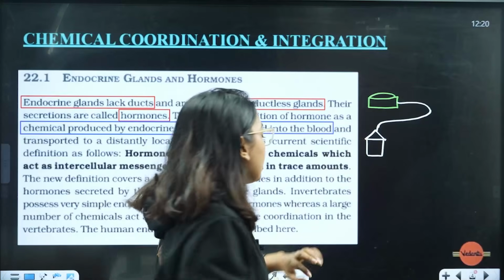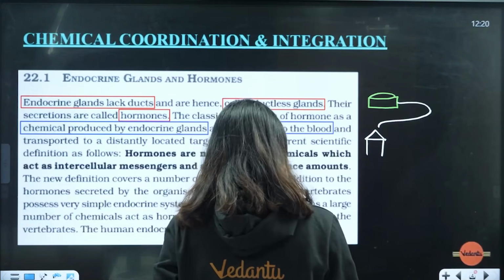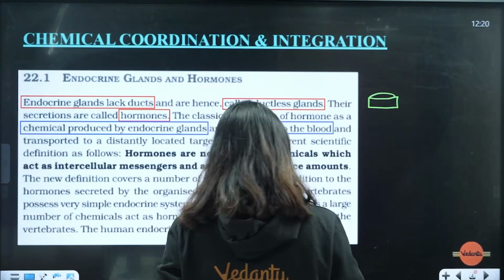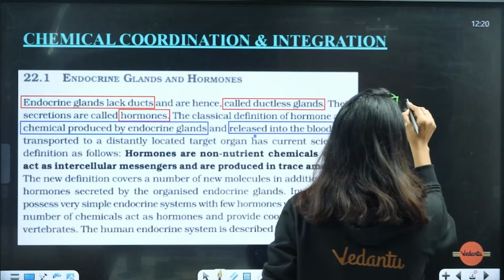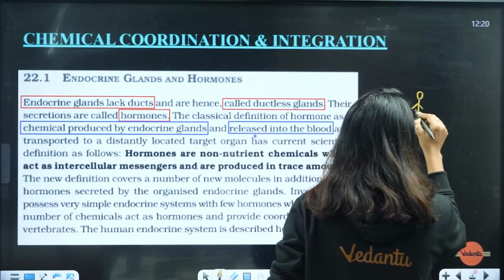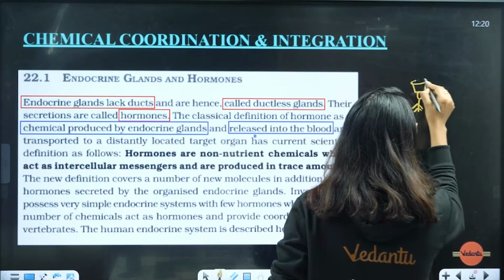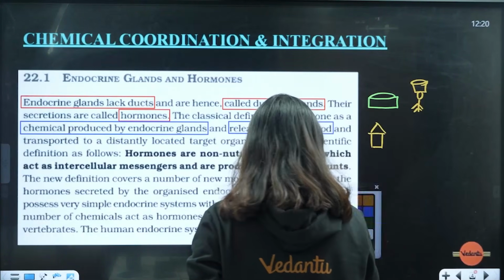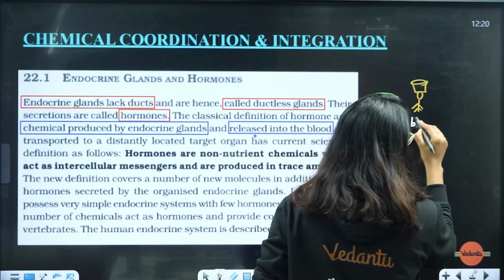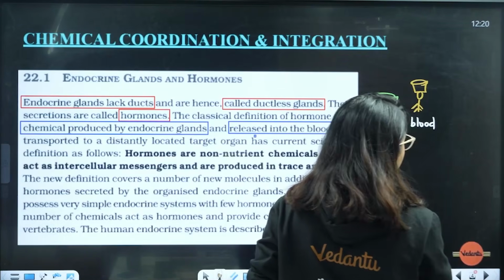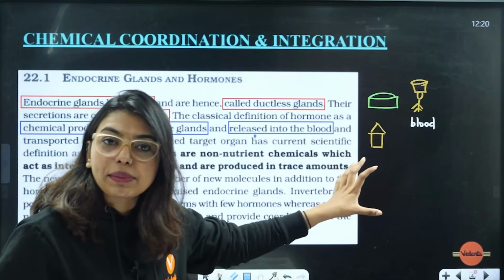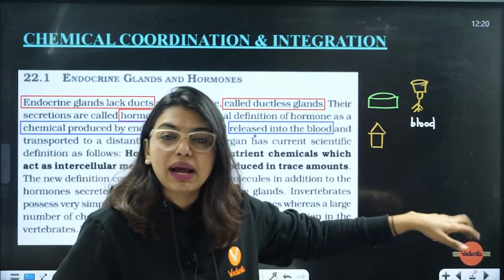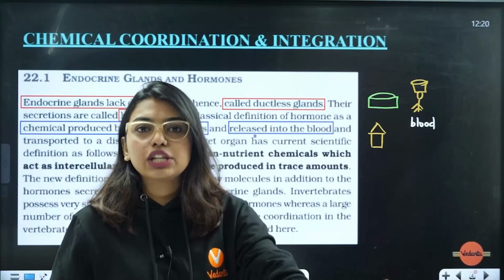But just imagine in this house people have to carry the water manually, all the way to the home. And who is going to be this carrier? This carrier is going to be blood. So this means there's no pipe system, so we are using a middleman to reach the water to our home.